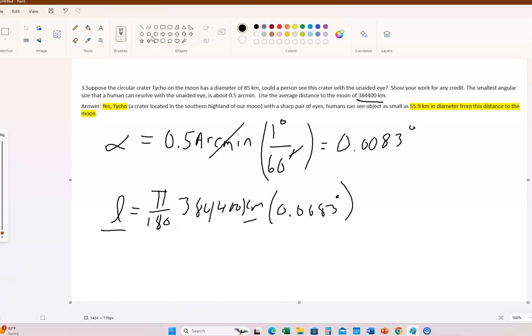So let's see the limit at which the human eye could see, the size of a crater on the moon. It's this formula, we just have to figure out what L is, and we already have the angle in degrees.